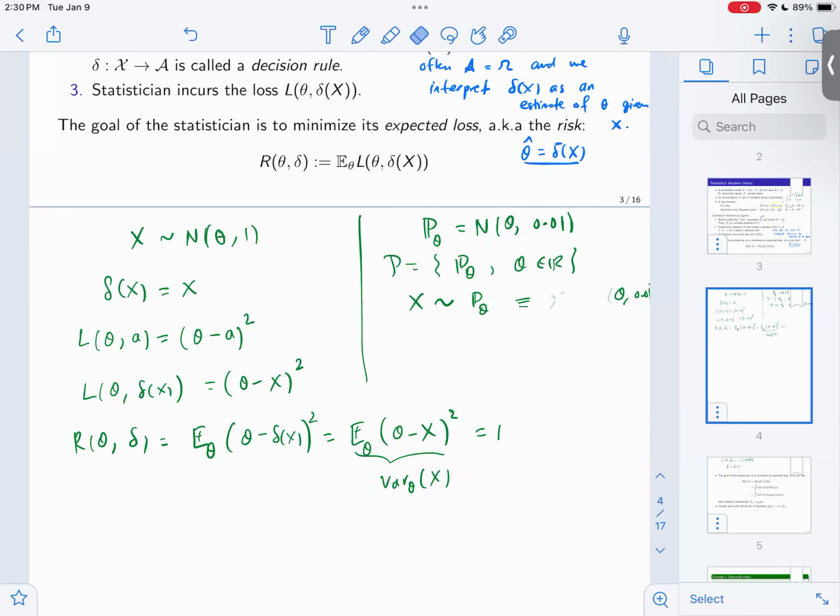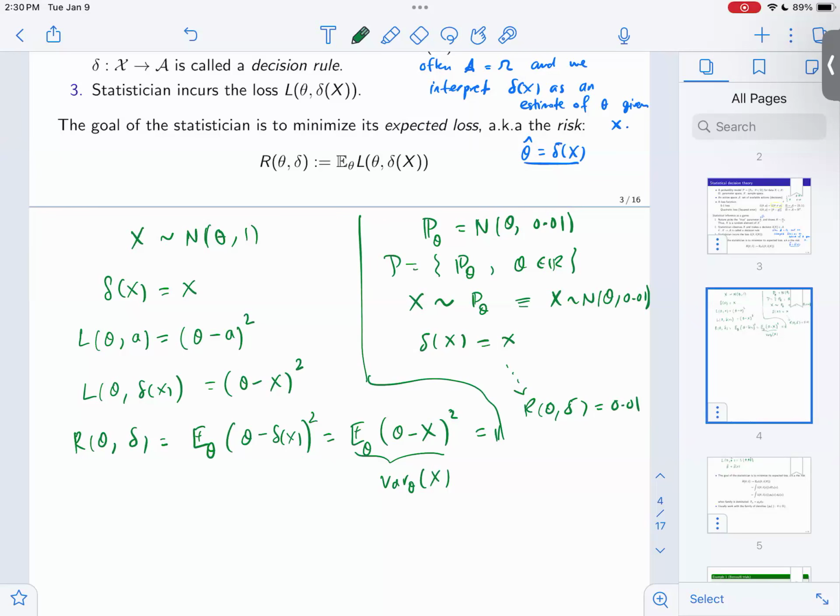So what is your estimator in this case? What is a good action? What is a good estimate of theta? Still X, it's the same. You go through the same argument, and the risk in this case would be 0.01.